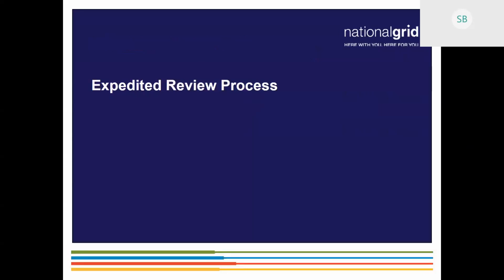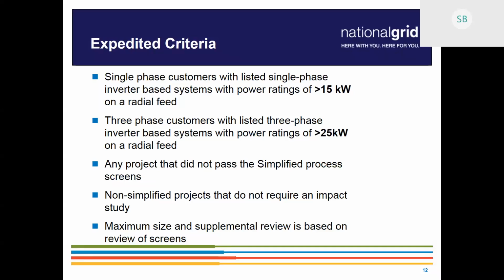Morning, folks. Jen Shalafo. I'm the queen of the problem children, otherwise known as the expedited project. Expedited projects are essentially anything over 15 kW on a single phase line or over 25 kW on a 3-phase line, or essentially anything that doesn't fit into the box of simplified or standard.